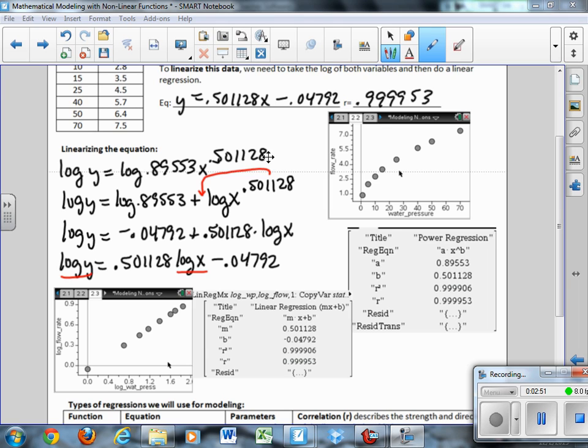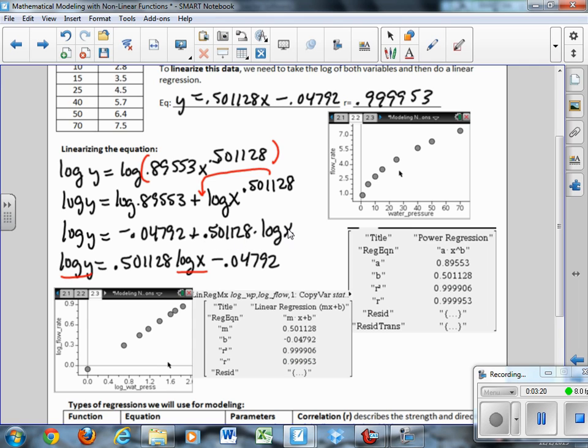Realize that I'm taking the log of this entire thing, so I'm going to have to split this up into the log of 0.89553 plus the log of x to the 0.501128. And then I can bring the exponent out front. The log of 0.89553 is negative 0.04792 if you calculate that, and then we have the 0.501128 times log of x.